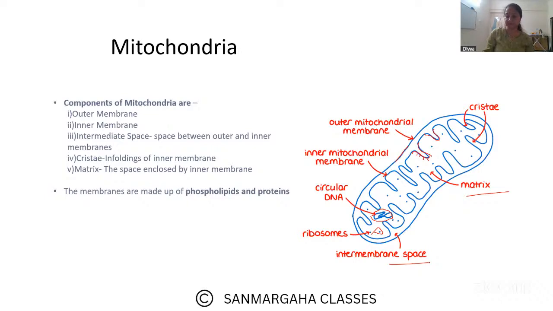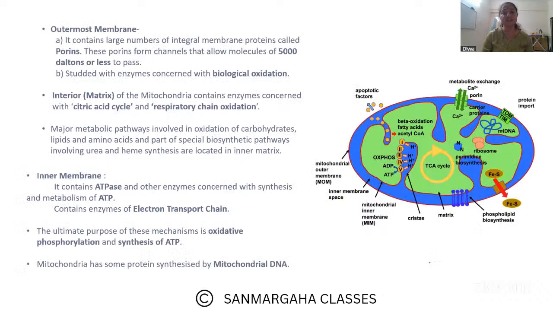Okay, so what are the functions of mitochondria? It contains a large number of proteins called porins. Okay, so these form the channel to allow molecules to enter in and move out of the mitochondria, right? Molecules of size 5000 Daltons or less can pass through it.